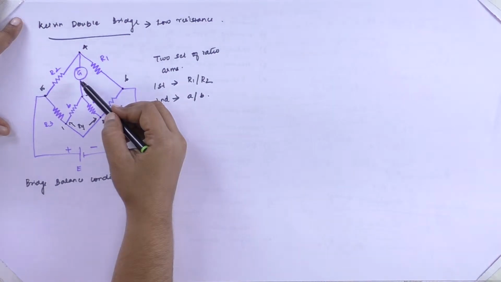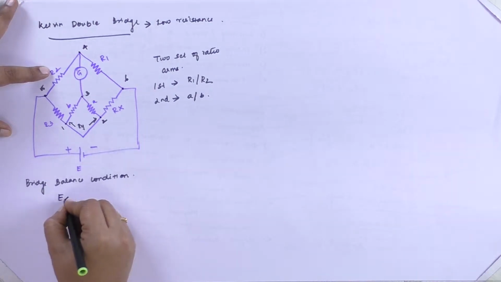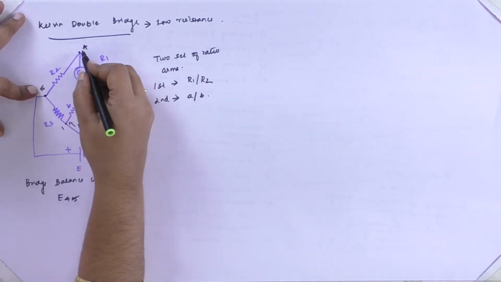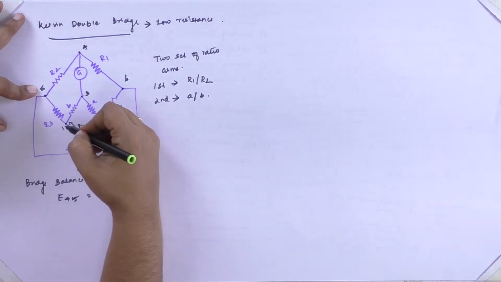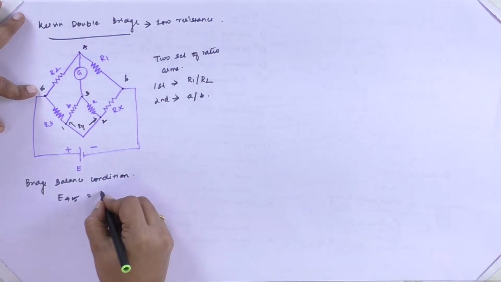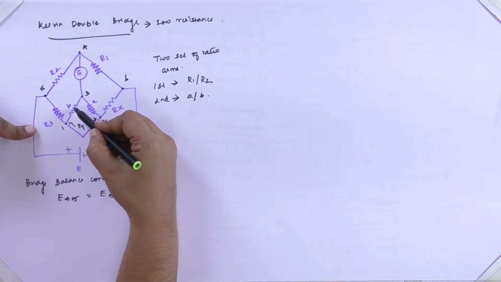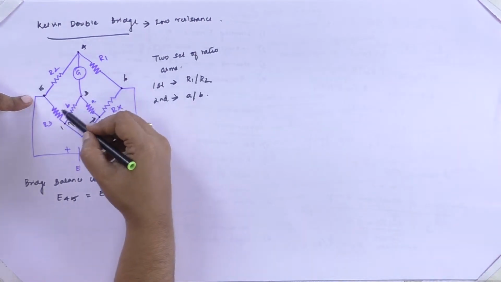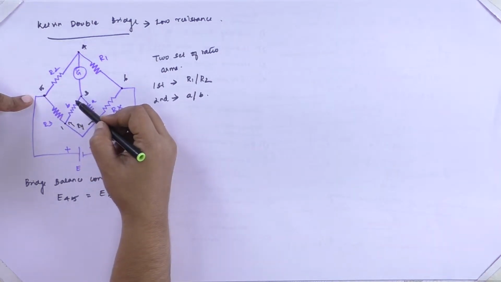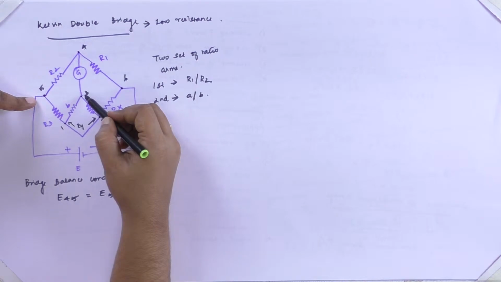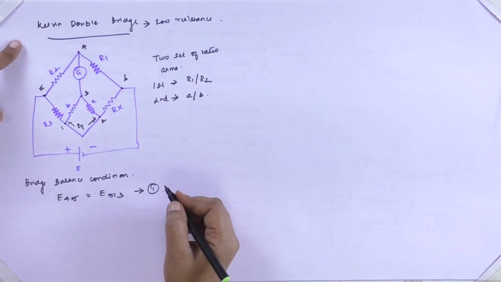So at balance, the potential across the junctions 4 and 5, E45, will be equal to the potential across this arm, E513. Along with the resistance R3, the resistance B is also considered, so this arm has 2 resistors, R3 and RB. This is the bridge balance condition.